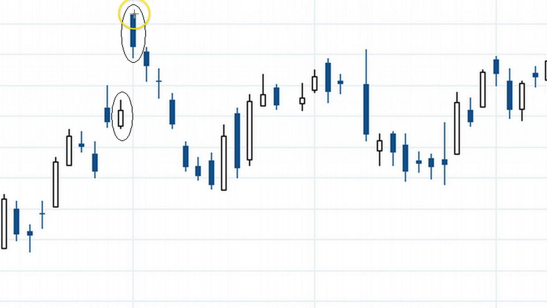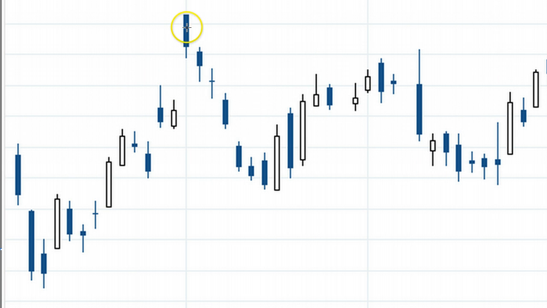It actually opens here at 6420, gap up by 100 points, and then through the day it falls and it closes at 6350. Though this is a negative candlestick in the day, overall if you see, it is actually upside movement between the days. So this is how you should learn to identify gap ups and gap downs between two candles.